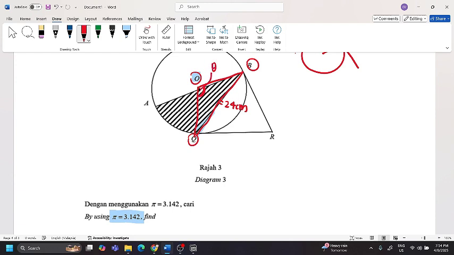What is this angle? Now think about the information you have. The first information is the radius: this one is 13 cm, and O to Q is also radius, so also 13 cm. Then here is 24 centimeters.